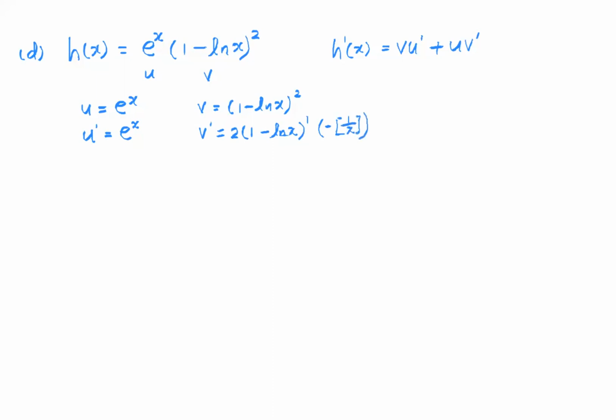Yeah. So if you want to make the whole thing look much better before you substitute, you just put down negative 2 over x times 1 minus ln x.